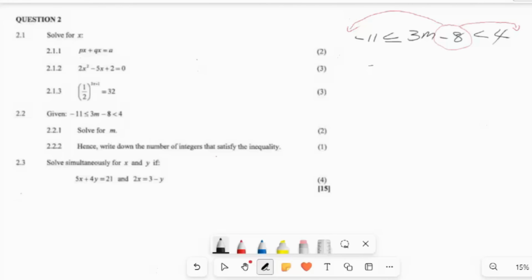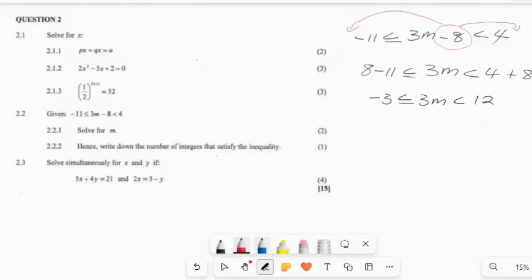We're now going to have 8 minus 11 is less or equals 3m, less than 4 plus 8. So minus 11 plus 8 is minus 3, less or equals 3m, less than 8 plus 4 equals 12.